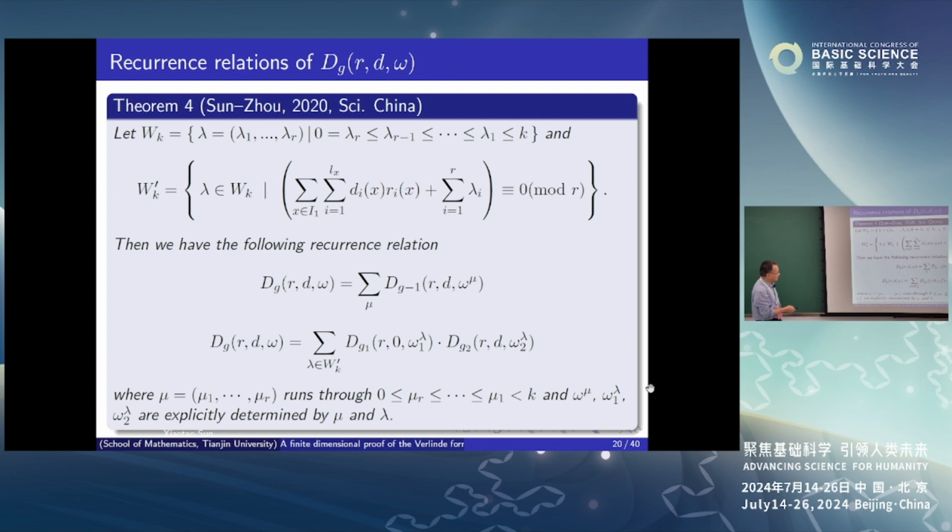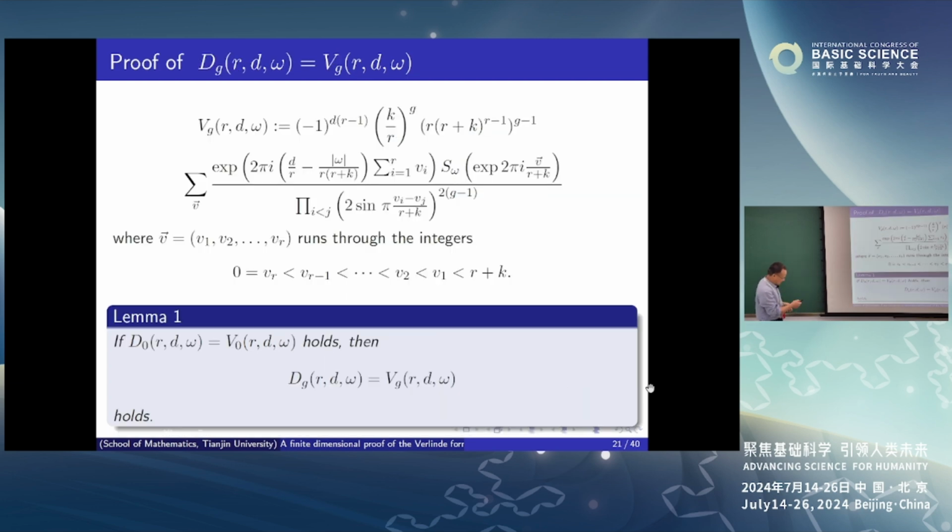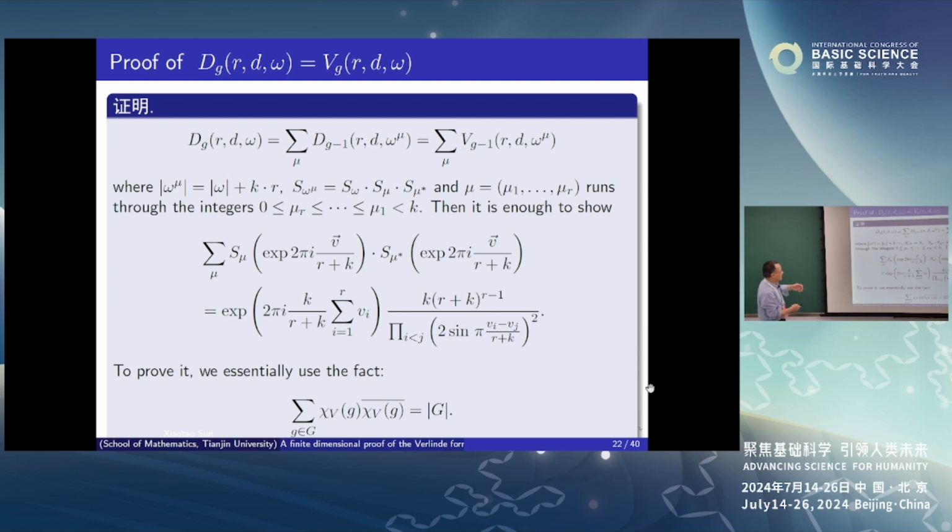So using these two recurrence relations, we can prove this formula by mathematical induction, if we know the case G equal to, let me say, this. For example, how do we prove this? First of all, we assume that if G equals 0, this equality holds, then it holds for any G. Let's directly use this recurrence relation.